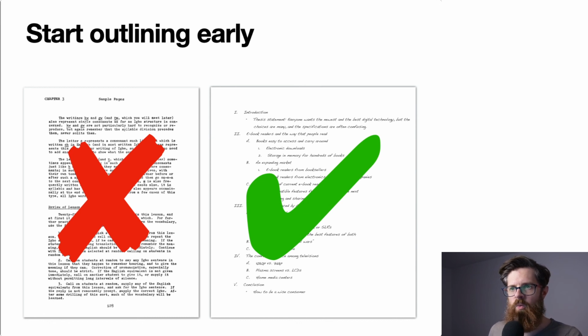You're going to be much more willing, and it will be much easier to do that if you are doing that in the form of outlining, because you haven't put in this big time investment in writing lots of beautiful prose that you just don't want to delete. So those are just a few large-scale tips about how to approach the writing, but we'll have other videos on writing in more detail.